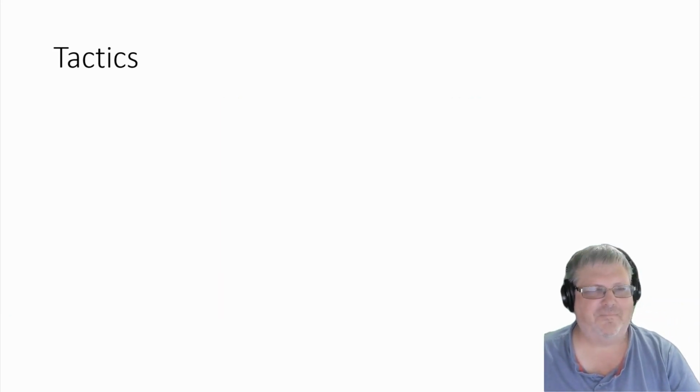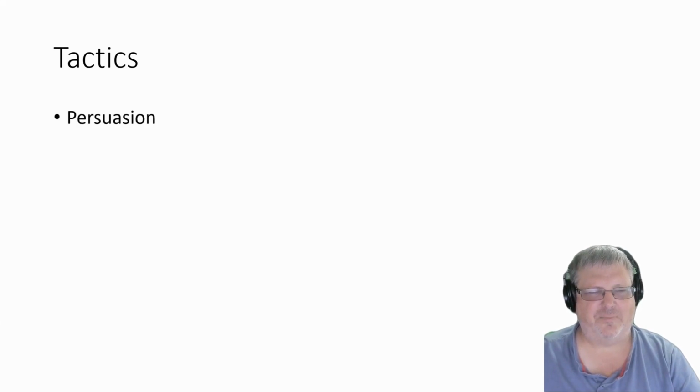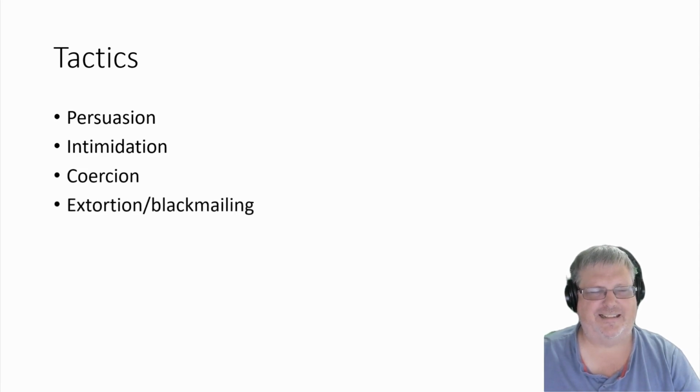Here are some tactics that social engineers use to get the information they require. They use persuasion, intimidation, coercion, extortion, and blackmail.